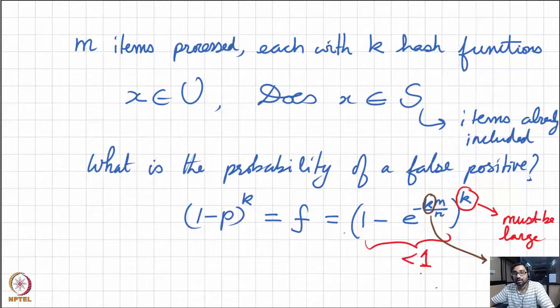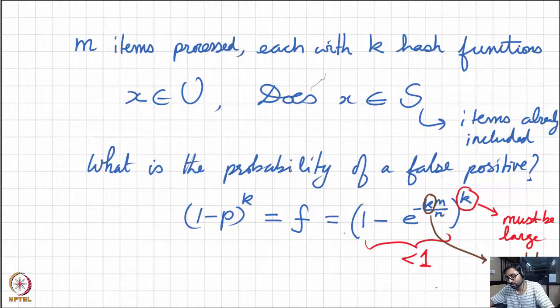That's bad because that increases the false positive. So this k is giving us the opposing force, if you will. To get a good false positive probability, looking at this k, we want it to be small.